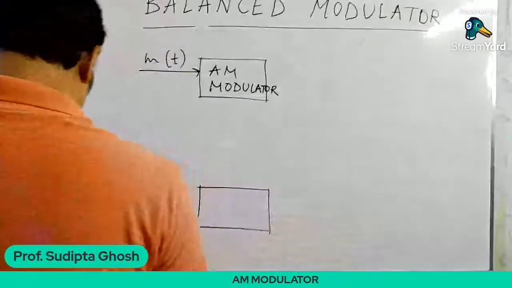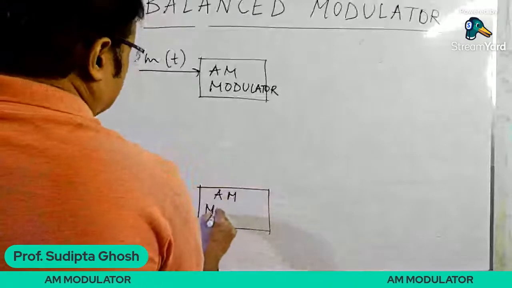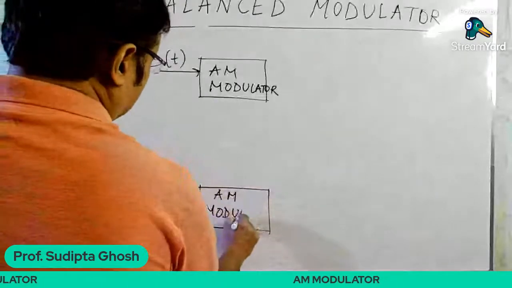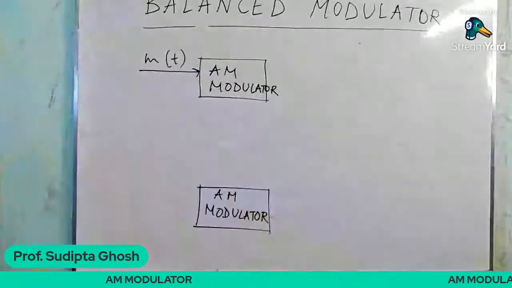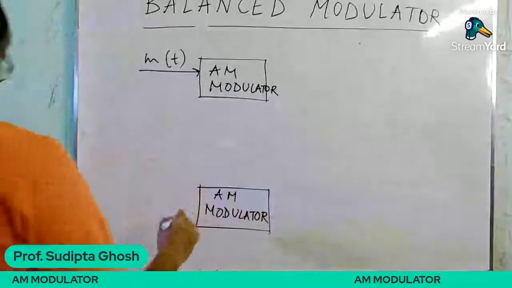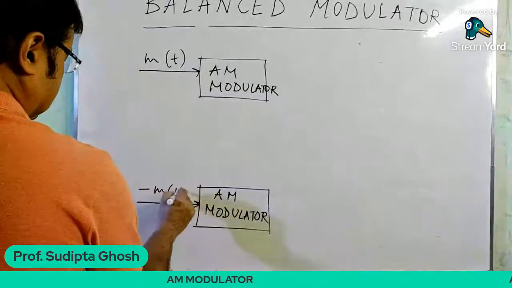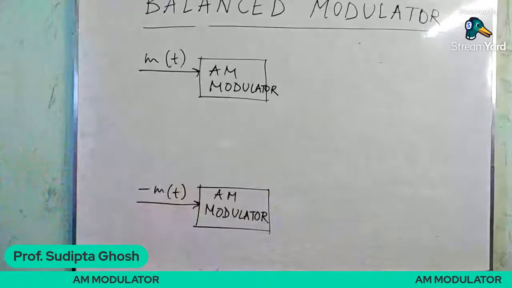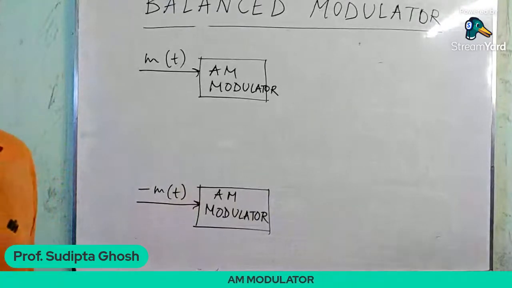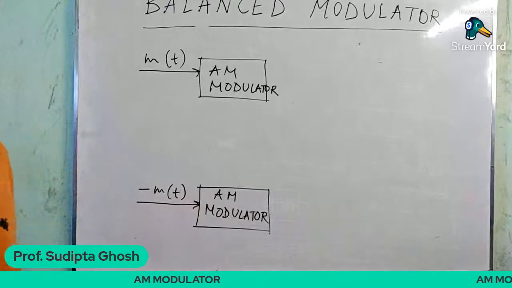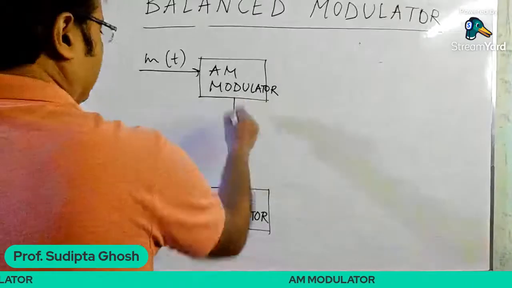Again, you have to consider another AM modulator, also a square law modulator circuit, but here you feed minus m(t), the inverted form of the information signal, with respect to polarity.